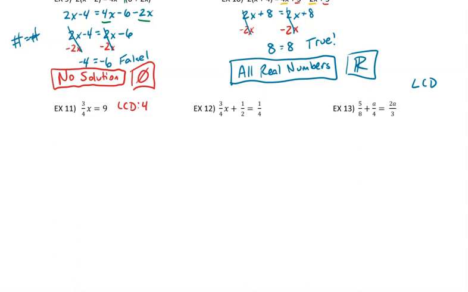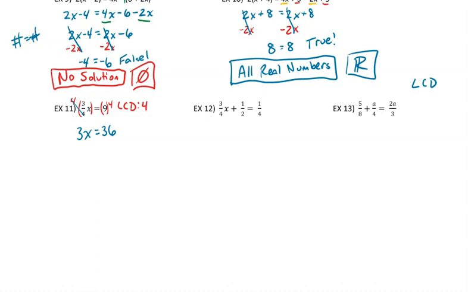So we're going to take that LCD and we're going to multiply both sides by it. So on the left side, 4 divided by 4 cancels out. We're just left with 3x equals, on the right side, 9 times 4 is 36.